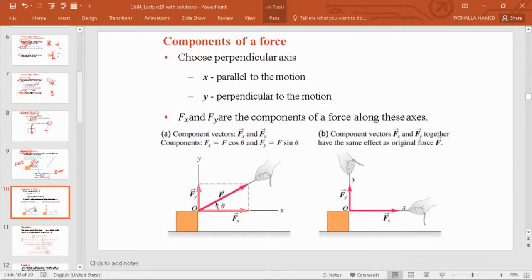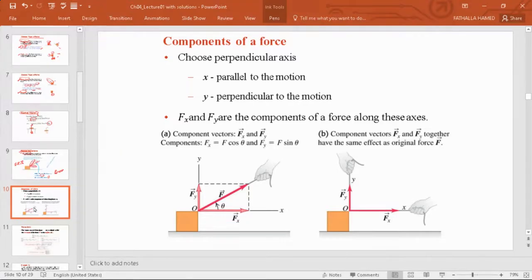Now, you're dealing with vectors. And remember what I told you about how to add or subtract vectors in chapter number 1. I said you can basically do them graphically. That means you have to do everything to scale. Or you can sketch and do them with your knowledge of trigonometry.